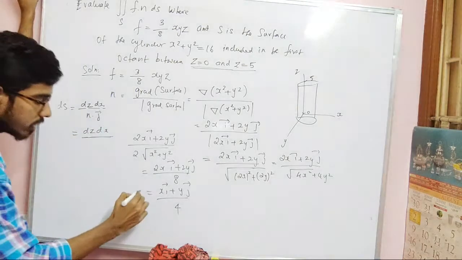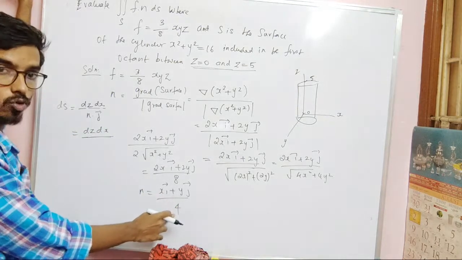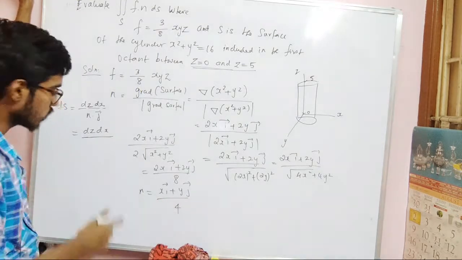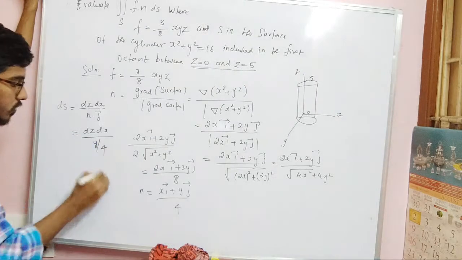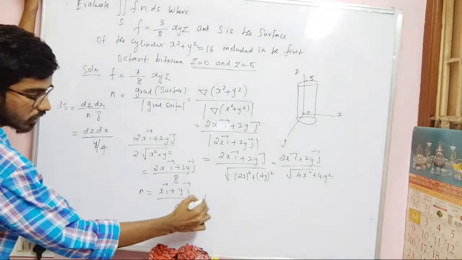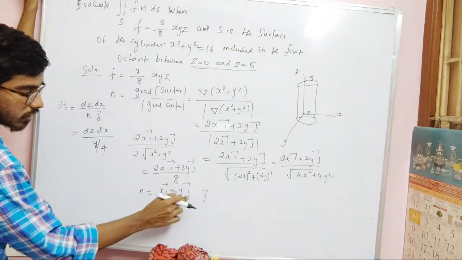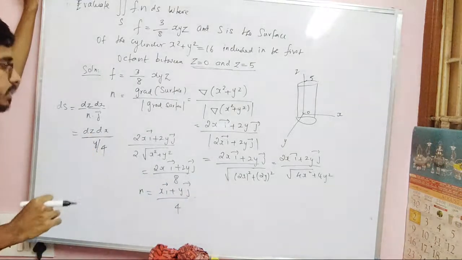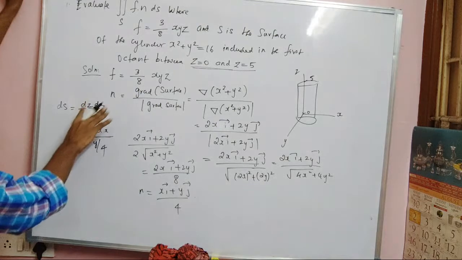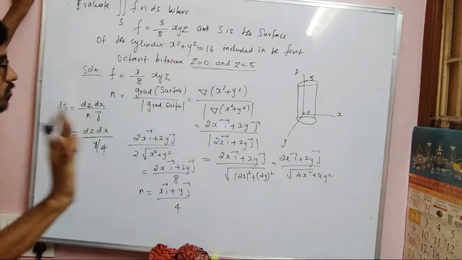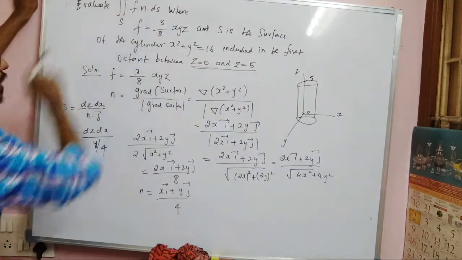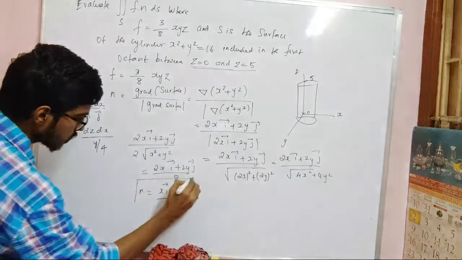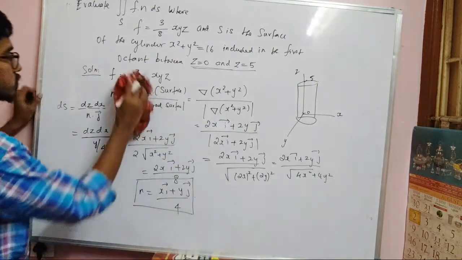If you make a dot product with j, j dot j will be 1, so we have y by 4. So n dot j is y by 4. So we have found ds and we have found n, so we can substitute in this formula.